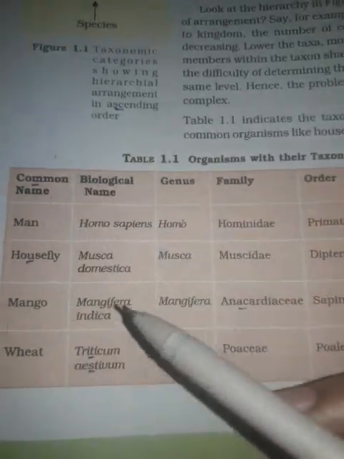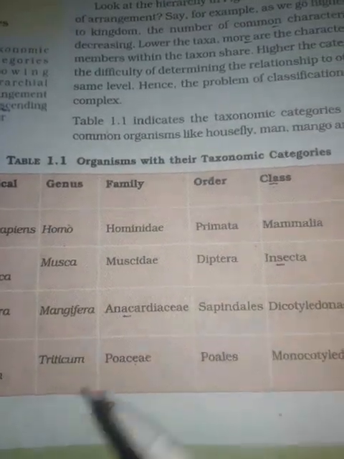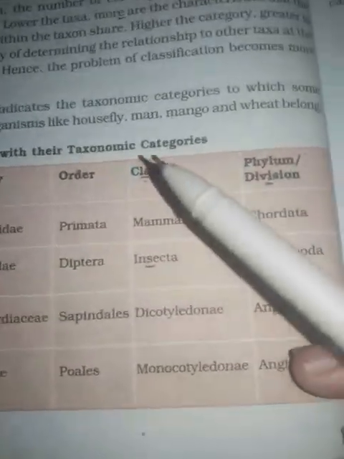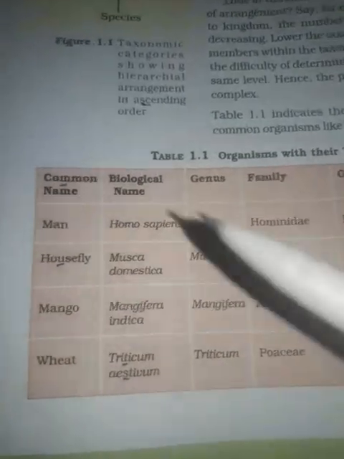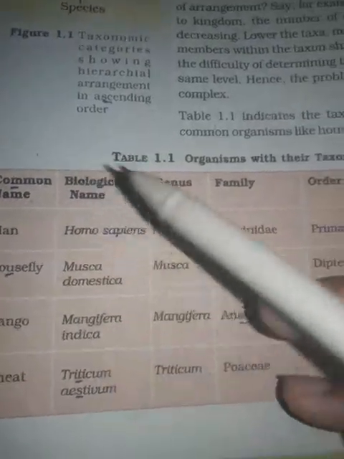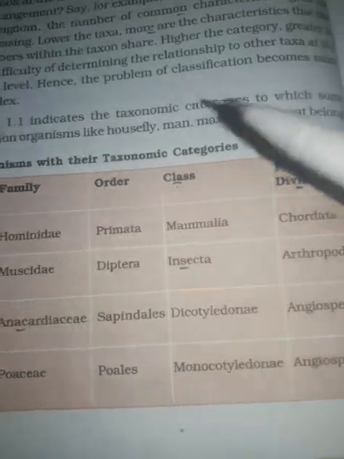Mango: biological name is Mangifera indica, genus is Mangifera, family is Anacardiaceae, order is Sapindales, class is Dicotyledonae, division is Angiosperm. Wheat: Triticum aestivum, genus Triticum, family Poaceae, order Poales, class monocot, Angiosperm.